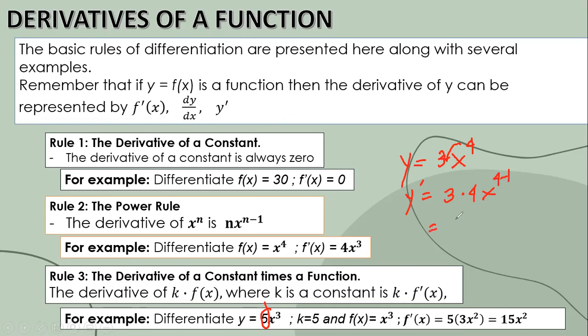So the final answer is 3 times 4 is 12, x raised to 3. All right, so that's it for the derivative of constant times a function. Diba? Madali lang. Madali na lang makuha yung derivative ng function kahit hindi natin gamitin yung long method na formula.